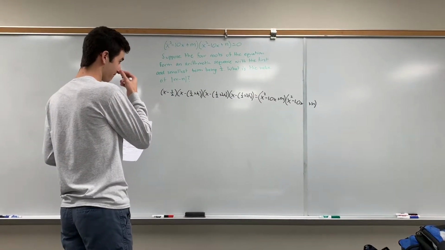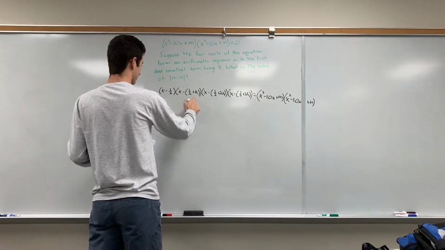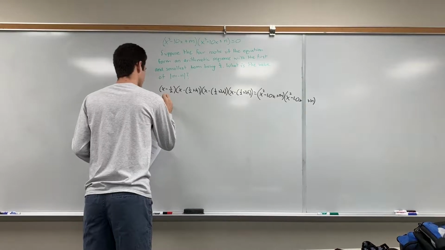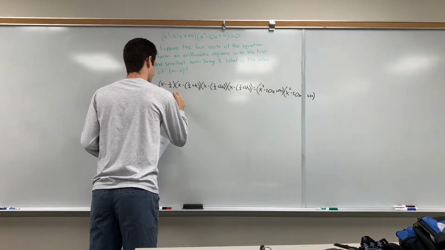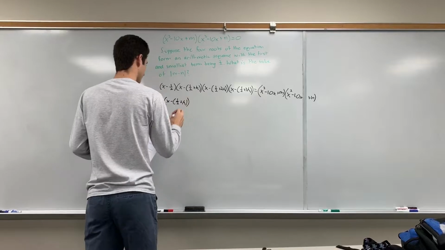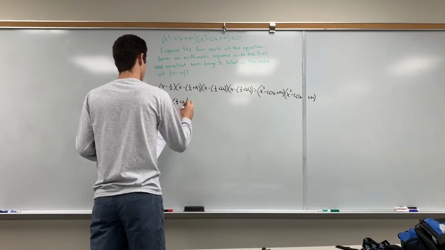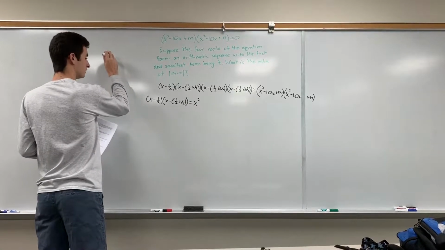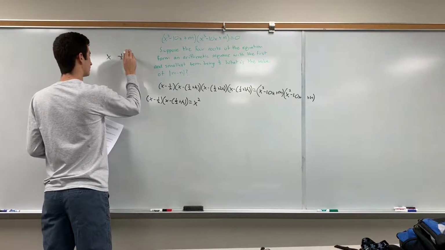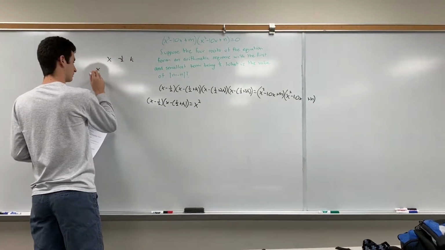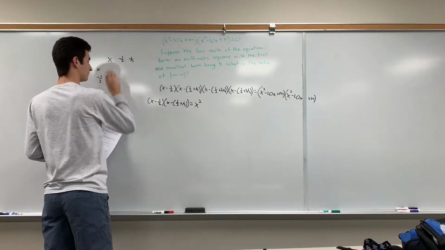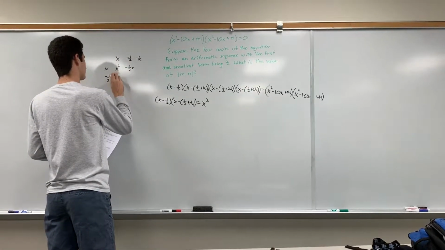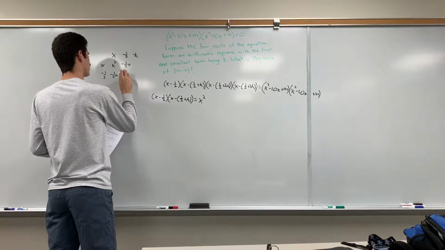First I multiplied these two terms out: (x - 1/2)(x - 1/2 + k). That's going to be x squared minus 1/2 x minus 1/2 x plus 1/4.